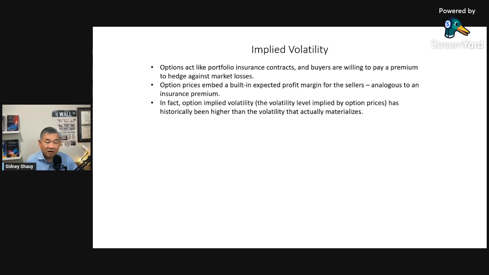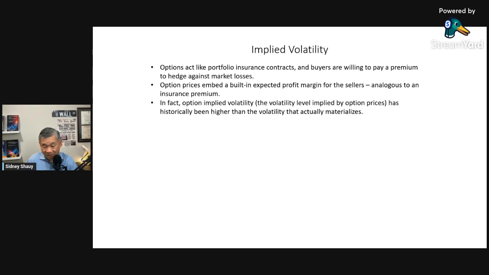All right. So this profit margin is going to be included in the volatility that they're going to use in the option model. In fact, option implied volatility is the volatility level implied by option prices, because we can go to the options exchange and find the option prices, and we can use the same model, the same formula that calculates option prices, in reverse, and get the level of volatility that was implied by the option prices.